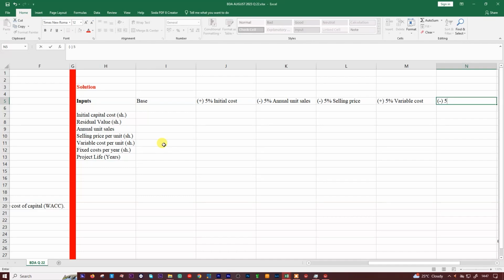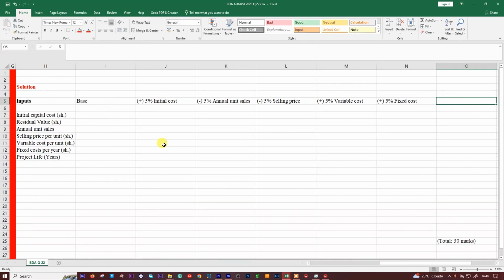So positive 5% fixed cost. Apologies for that. And then we're talking about residual value right here.